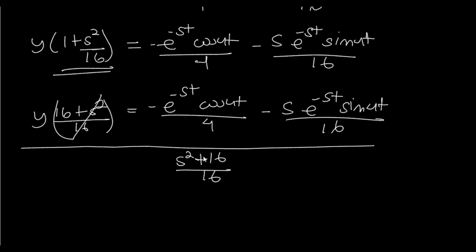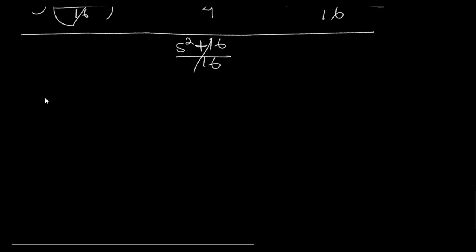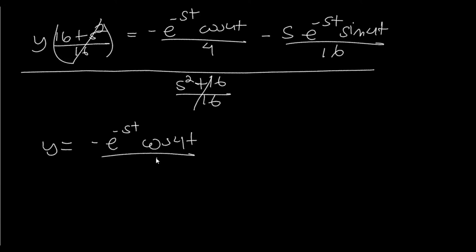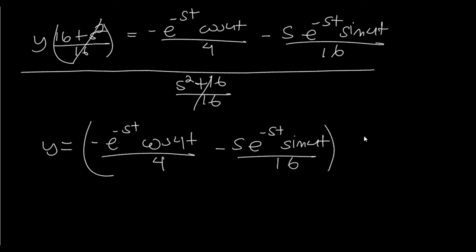So, makakancel to. So, matitira si y equals negative e to the negative st cosine 4t over 4 minus s e to the negative st sine 4t over 16. So, magre-reciprocal yun. Lagyan natin ng parenthesis, magiging 16 over s squared plus 16.